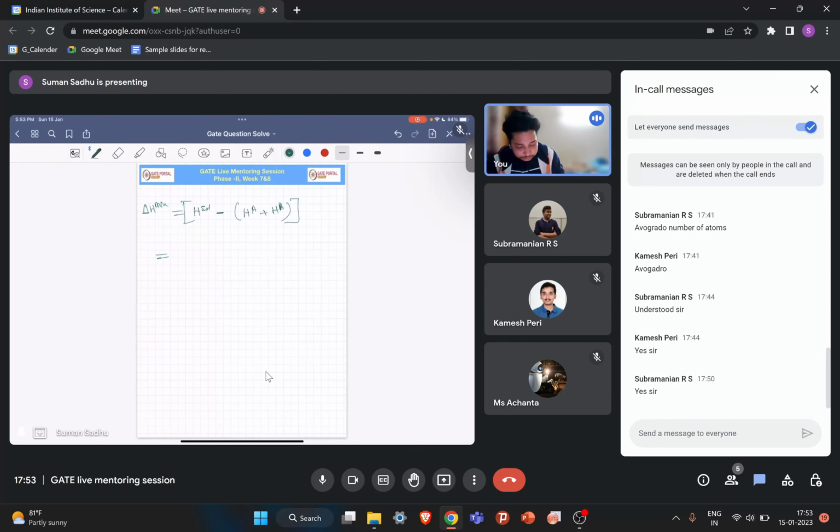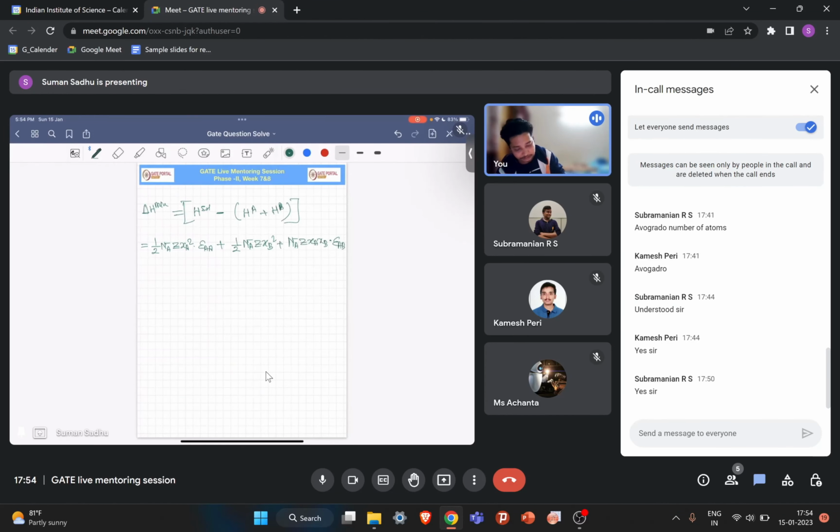Now H of solution: PAA was half NA Z XA square into epsilon AA, plus half, PBB was half NA Z XB square, plus PAB was NA Z XA XB into epsilon AB.